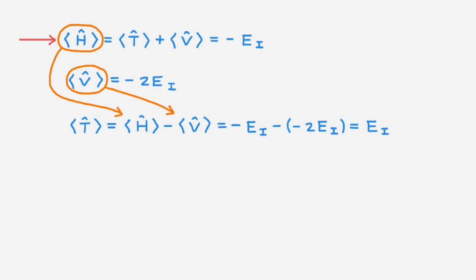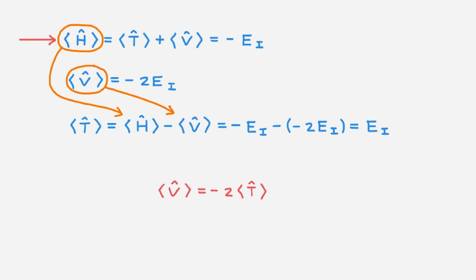So what does this mean? We can write the expectation value of the potential energy being equal to minus twice the expectation value of the kinetic energy. And this result shows that the magnitude of the potential energy contribution to the total energy is twice as large as the contribution from the kinetic energy for the ground state of the hydrogen atom.